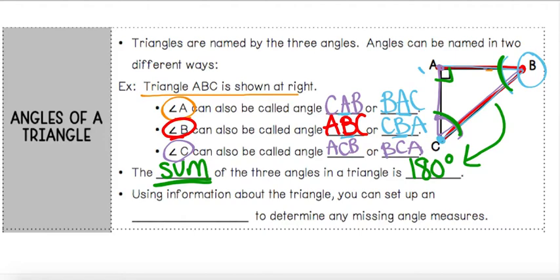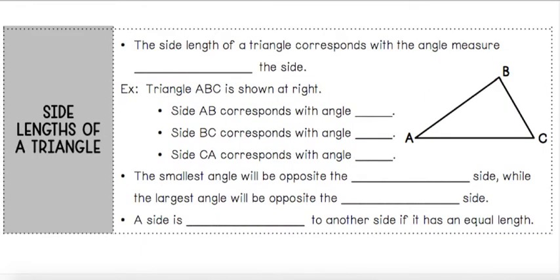And we'll work with that more this unit. Finally, using information about a triangle and knowing that they add up to 180, you can set up an equation. We can set up an equation to determine if there's any missing angle measurements, that we could find out what those measures are.